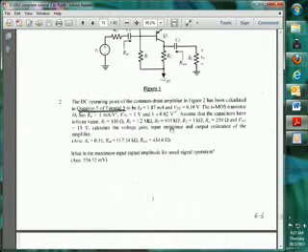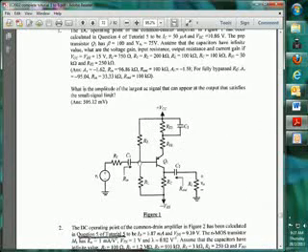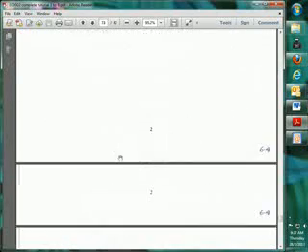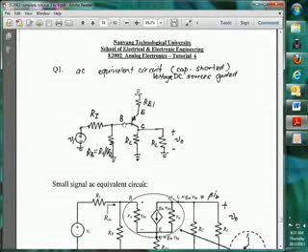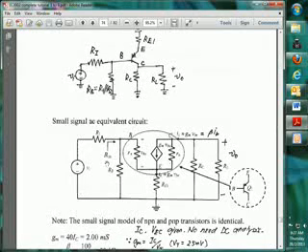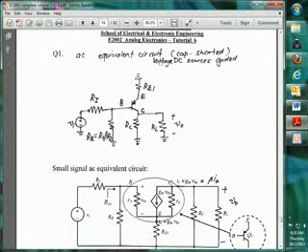And for the base, it is connected to R2 to ground, R1 to ground, connected to R1, this is shorted, to RI, VI to ground. Base connected to R1 parallel R2 to ground, connected to RI, connected to VI to ground. And this is the AC equivalent circuit.